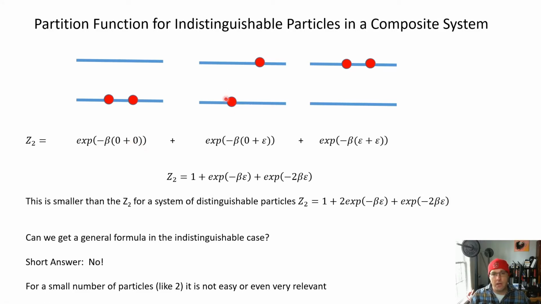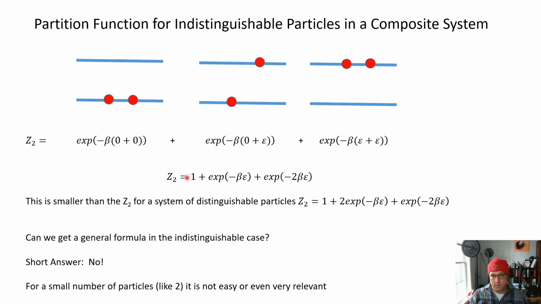But now when we have 1 in ground and 1 in excited, we only have one diagram and one Boltzmann factor to count. That'll give us an e to the minus beta epsilon. And then just like in the previous case, having the 2 in the excited state gives us e to the minus 2 beta epsilon. And so we know the exact partition function for this case. It's this expression, 1 plus e to the minus beta epsilon plus e to the minus 2 beta epsilon.